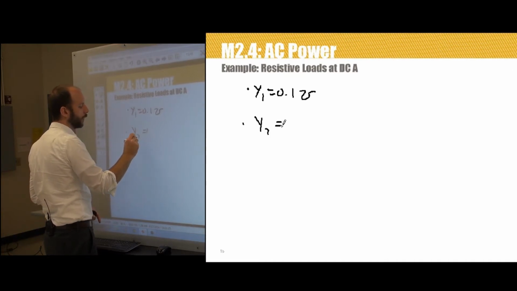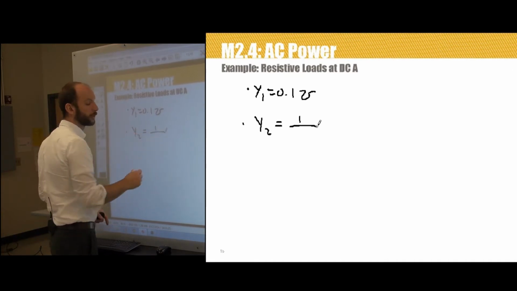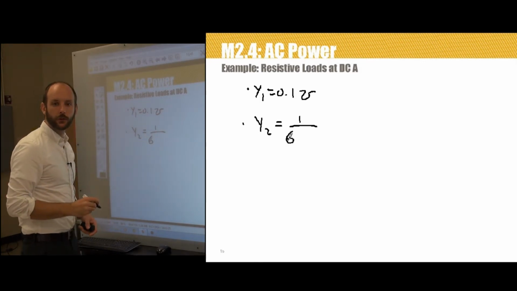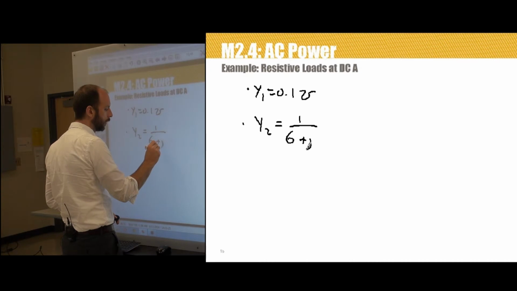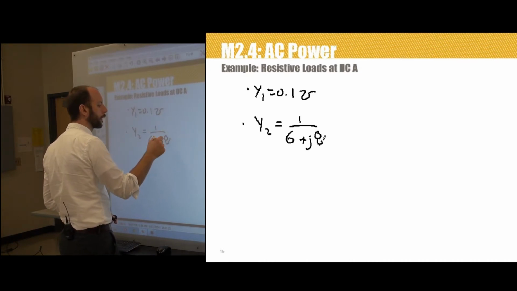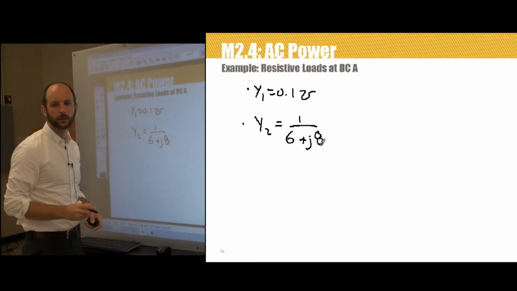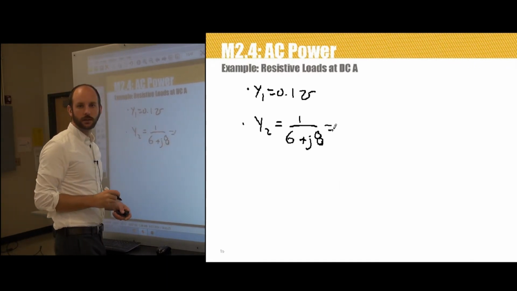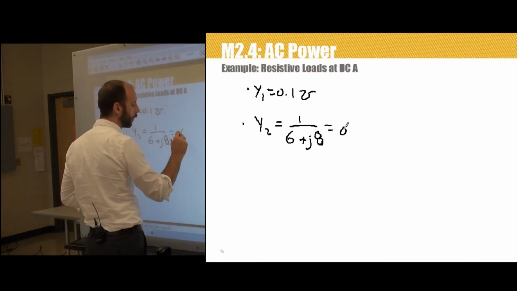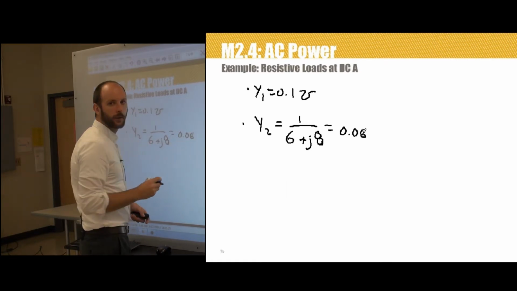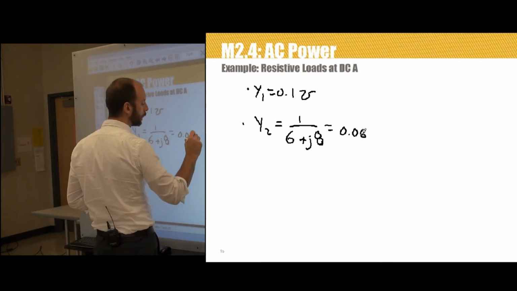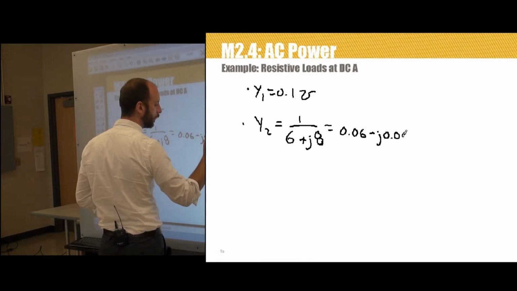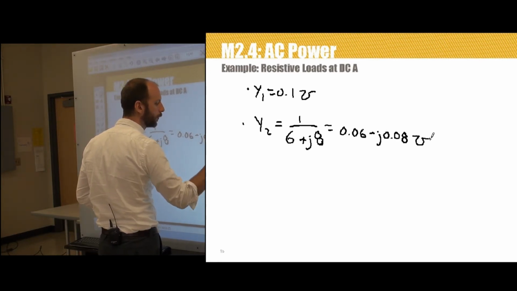Y2 is therefore 1 over the series combination of that 6 ohm resistor and the 8 ohm inductor. I'm leaving you to determine that it's 8 ohms on your own. That's an exercise. We do that math, and we get the admittance, 1 divided by 6 plus j8, is 0.06 minus j0.08. It's an admittance, so it's measured in mhos.